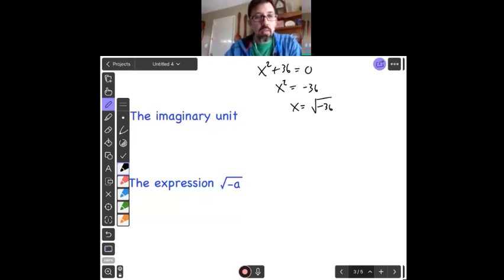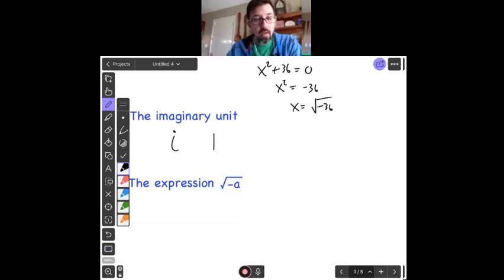And so basically what they had to do was say that, well, since there's no real answer to this, we have to create our own number to do this. And so the number that they created was i. When we write an i, we always put a little bit of a scriptiness to it, okay? Because we do not want it to look like a 1.